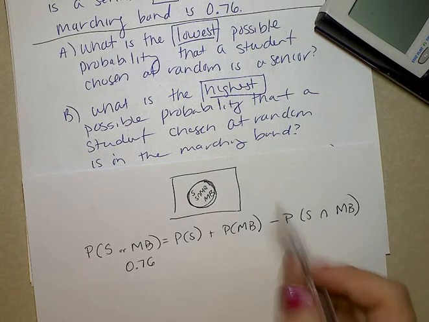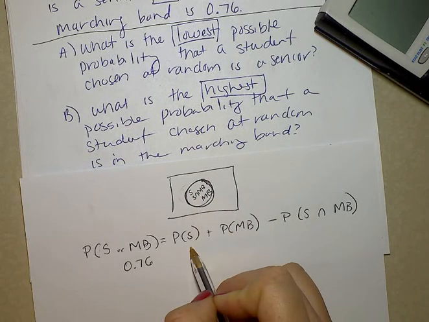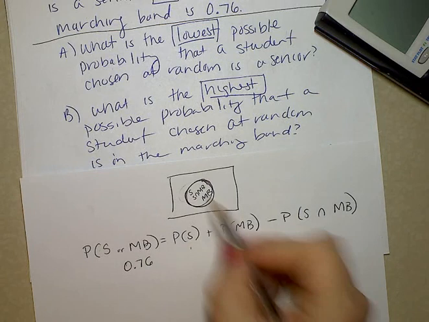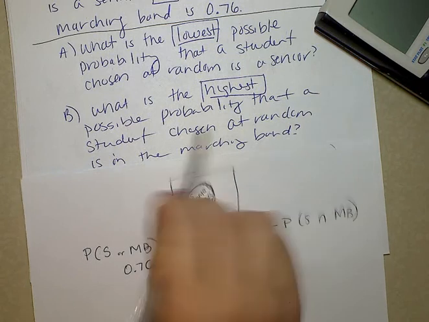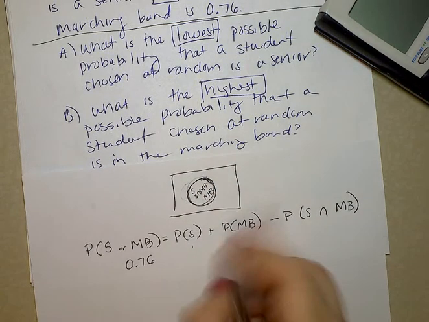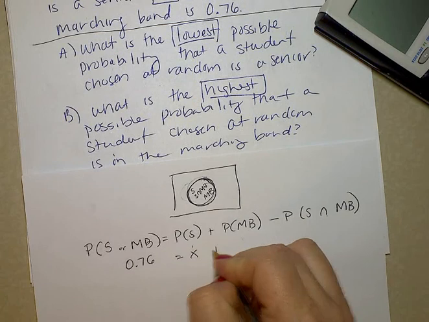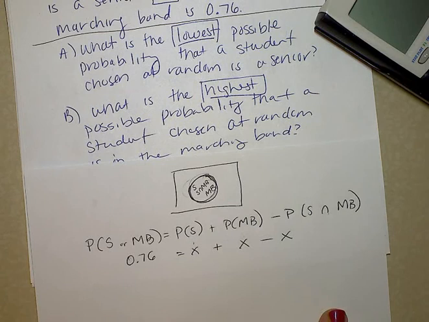Notice this. Do you notice how this circle represents S, yes or no? And this circle represents MB, right? And this circle represents where they intersect because they're all exactly the same. So if these are all exactly the same, let's write down X plus X minus X. 1X plus 1X is 2X.